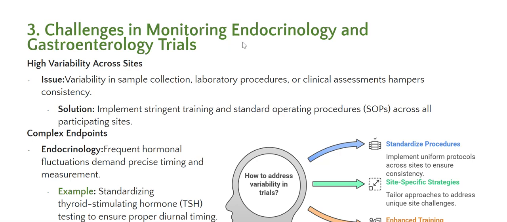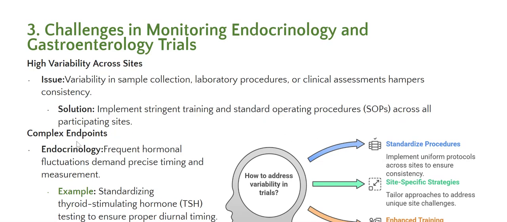So, challenges in monitoring endocrinology and gastroenterology trials: high variability across sites. Issue: variability in sample collection, laboratory procedures, or clinical assessments hampers consistency. Solution: implement stringent training and standard operating procedures, SOPs, across all participating sites.